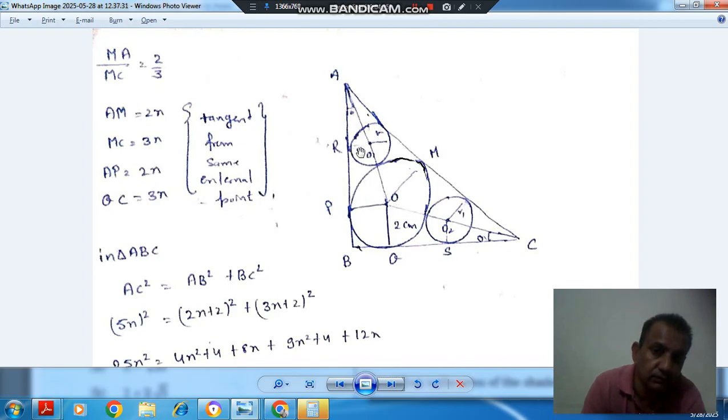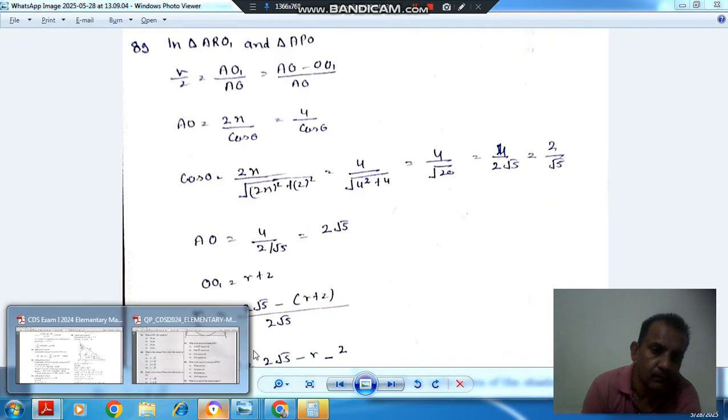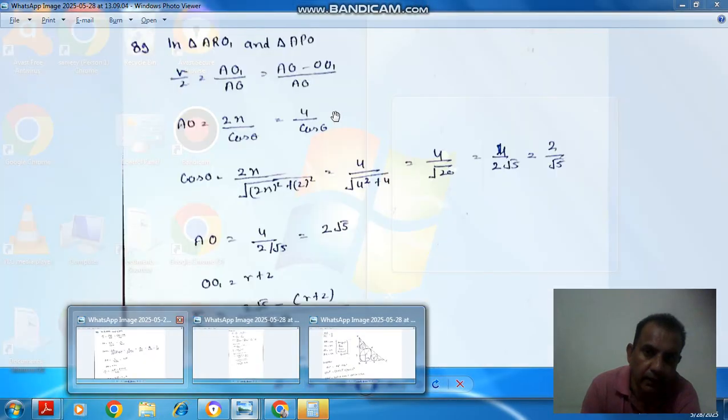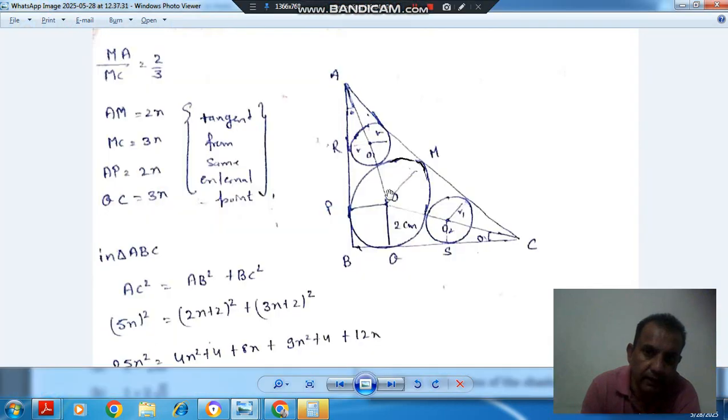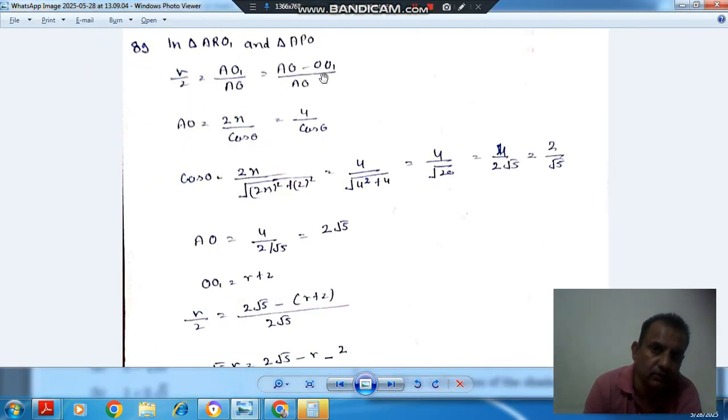So from similar triangles we have r by 2 equal to AO1 by AO, and AO1 is AO minus OO1, so we can write it as AO minus OO1 divided by AO.